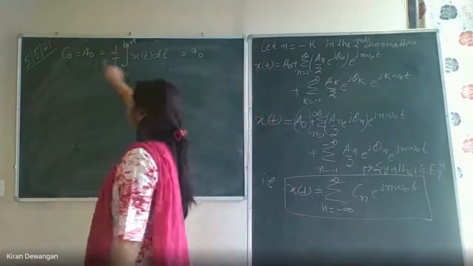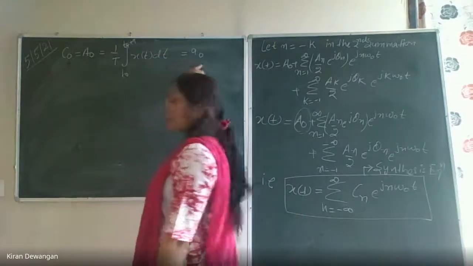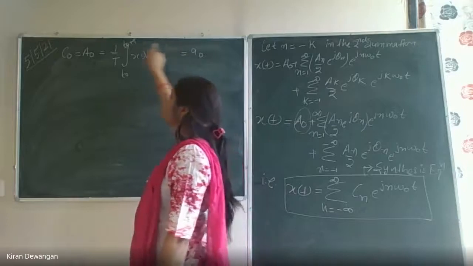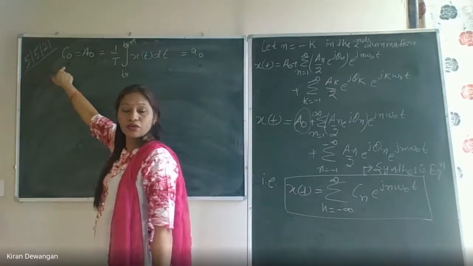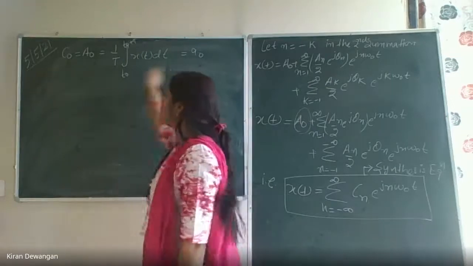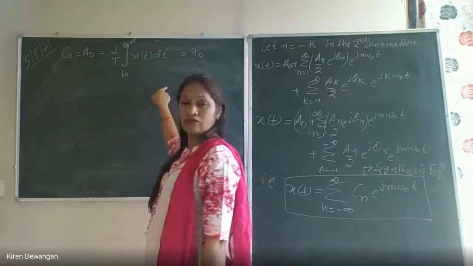So all these terms are the same: small a naught from the trigonometric form of Fourier series, capital A naught from cosine, and capital C naught from the exponential. They all have the same formula.